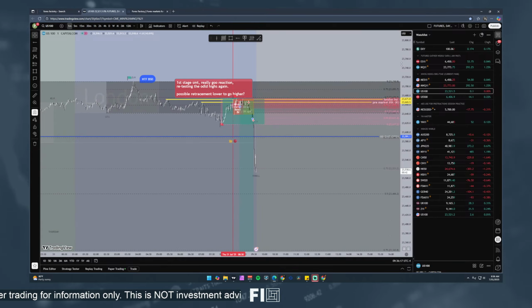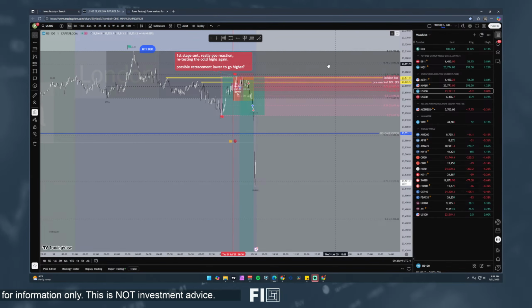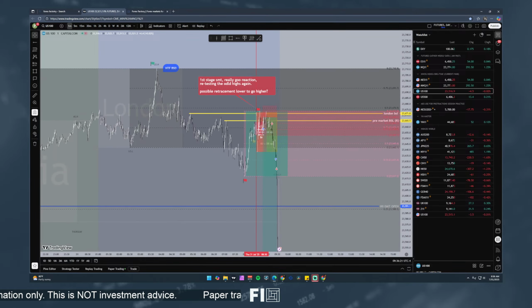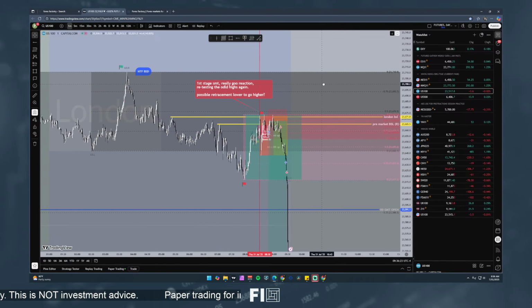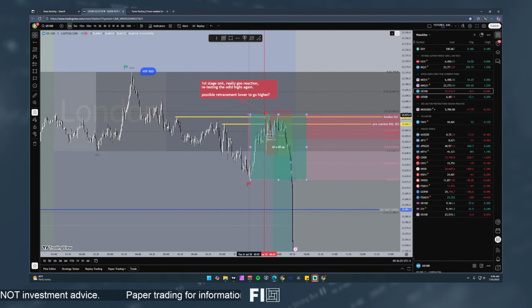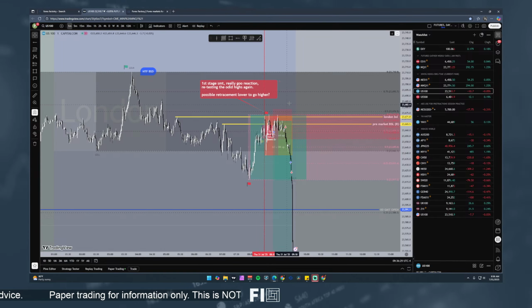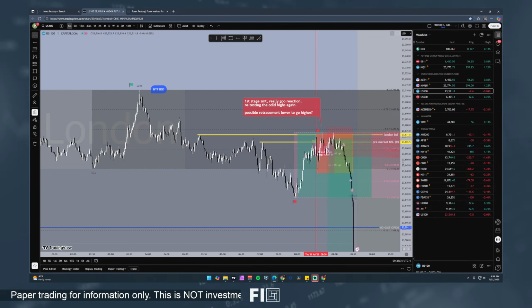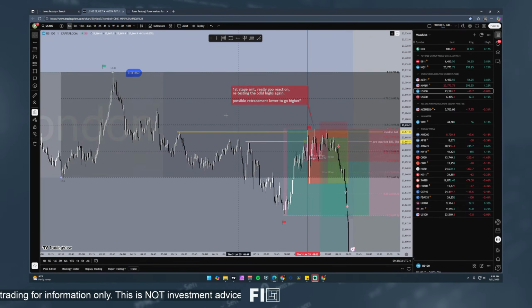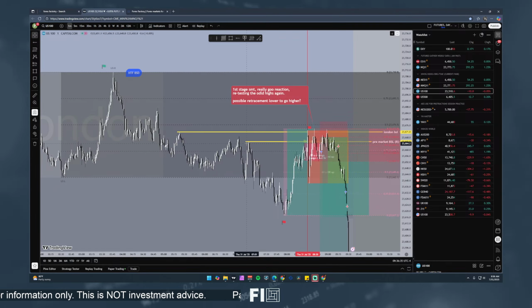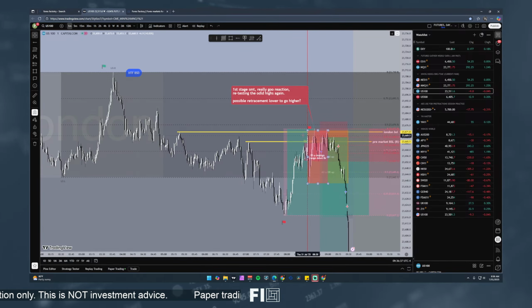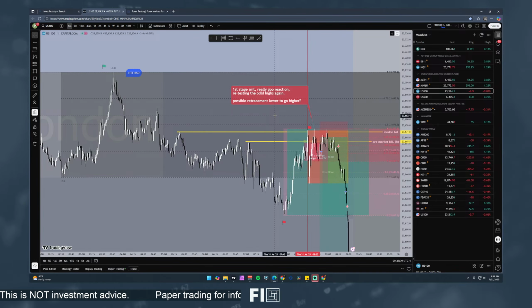When I turned on my live stream, you most likely saw my note saying first stage SMT, really good reaction. But then when it did retest the old high, possible retracement to go up higher. I was thinking that because we had this high reaction, these old highs pierced through it, but they weren't being referenced by the other markets, the other sisters.